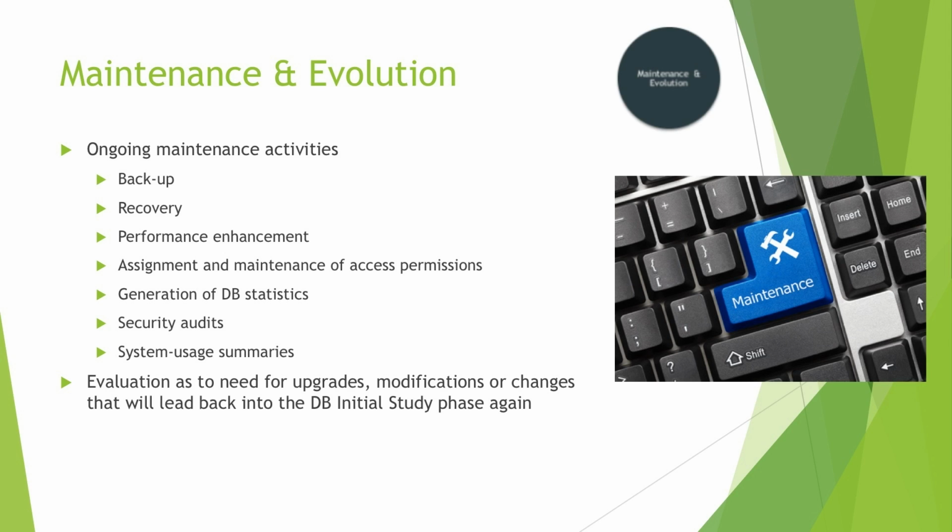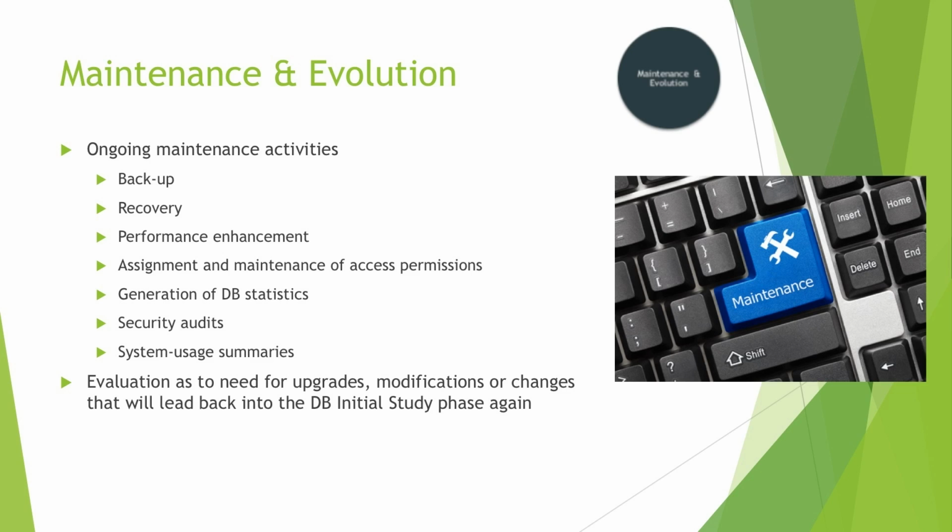This is where your ongoing maintenance activities happen. And these can include things like doing backups, doing recovery of data if it gets missed or erased. It can include performance enhancements to the database, as well as assignment and maintenance of access permissions. It includes generation of statistics on the database, security audits, and system usage summaries.